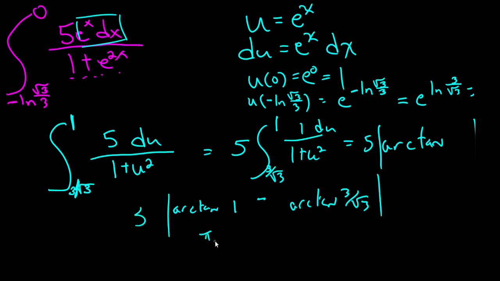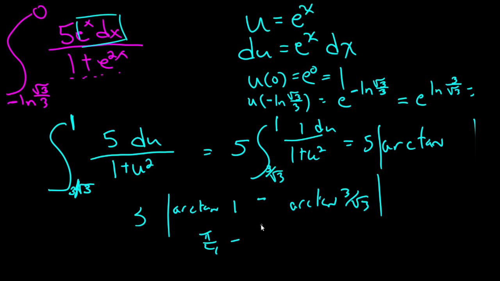And so that's pi over 4 minus, let's see, 3 over root 3. Looking at my arctangent sequence, 3 over root 3 is 3 over root 3. What is that?